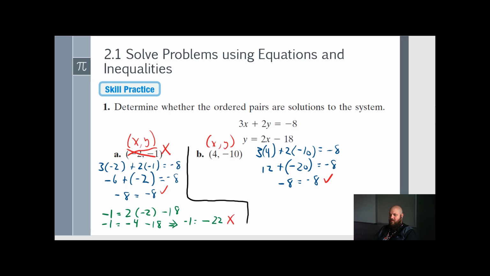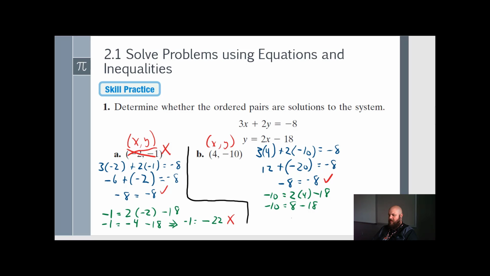So then let's do the second equation. So now we've got y equals 2x minus 18. Alright, so our y is negative 10 equals 2 times our x value of 4 minus 18. So we have negative 10 equals 2 times 4, which is 8, minus 18. So again, on the right hand side here, the negative 18 is our bigger value and it's negative.